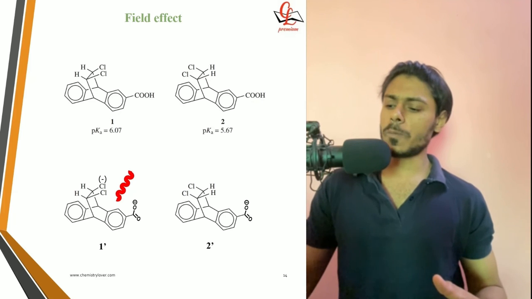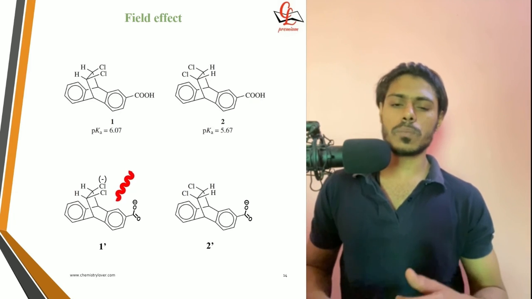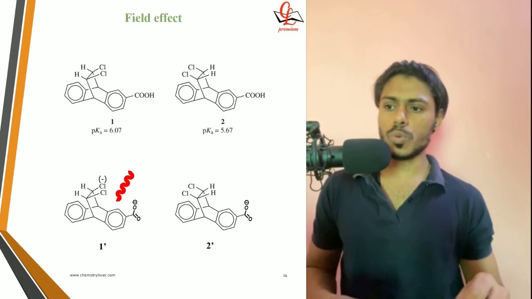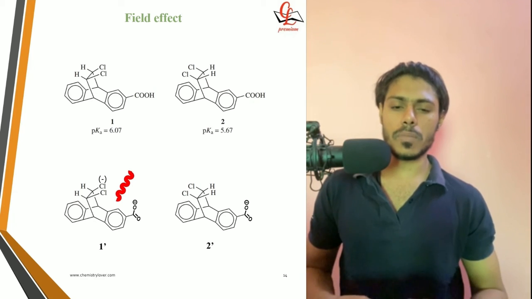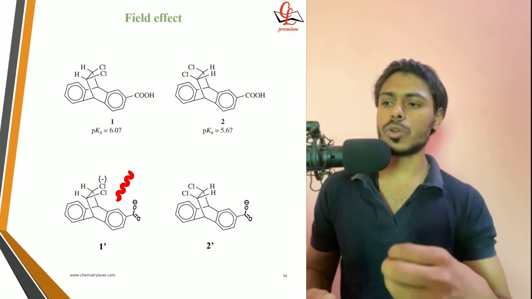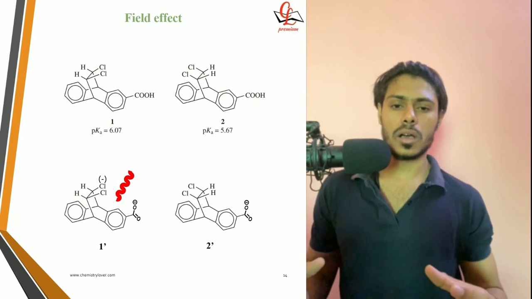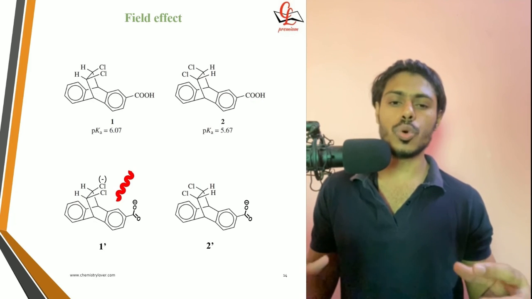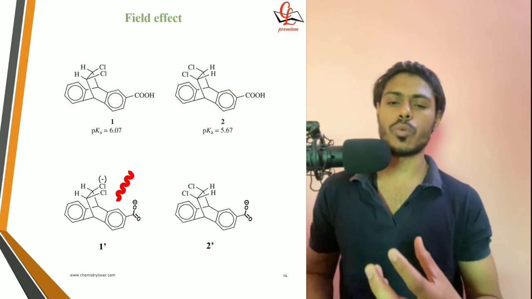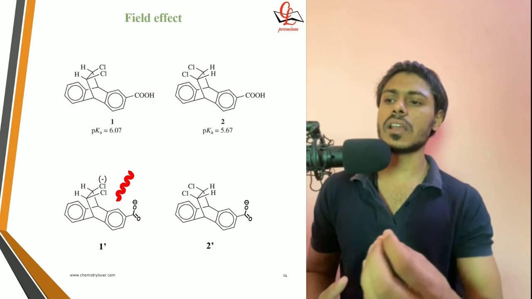But that kind of repulsion is absent in 2 prime. So 2 prime, the conjugate base of molecule 2, is more stable compared to 1 prime, where we have coulombic repulsion. That's why 2 is much more acidic than 1, and that is manifested in their pK values.